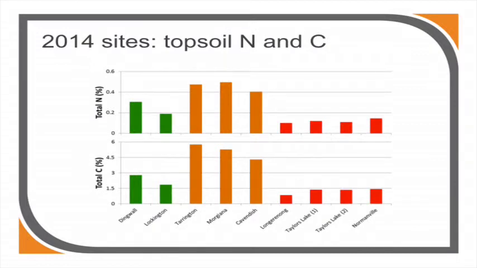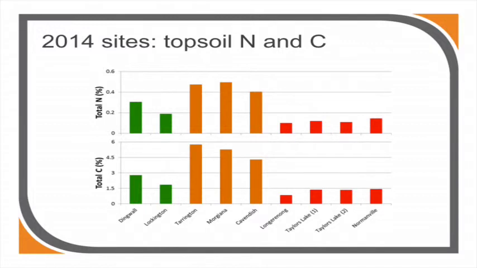This is about the only data I'll show you for this particular project at this stage. I guess just looking at the actual background levels of nitrogen and carbon in those particular situations. As I mentioned, we were looking for a spread of different situations so that we could start to nail down some of these research questions.